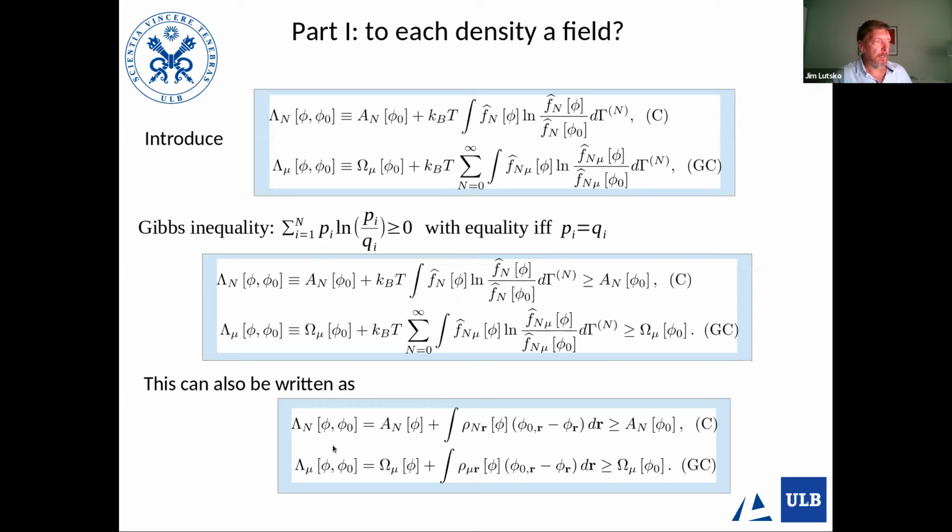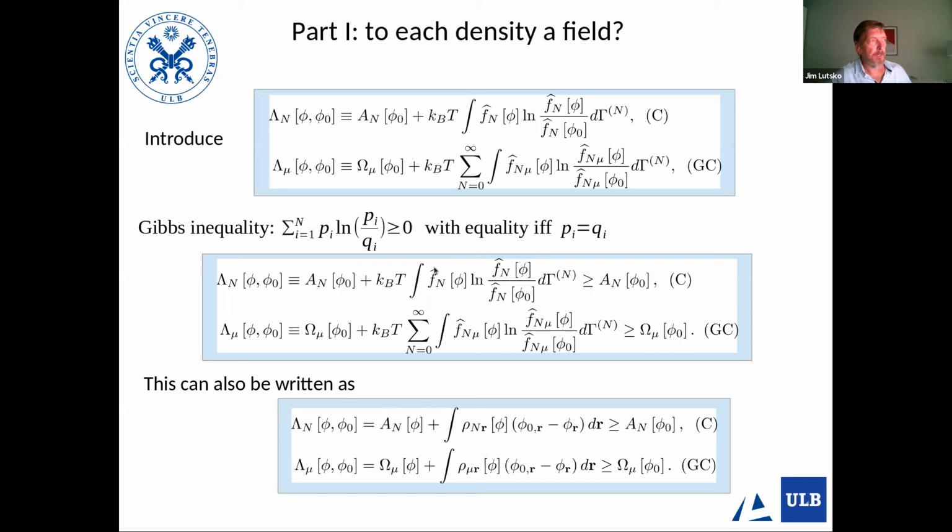Before getting into that, I just note that there's another way to write these functionals, and that is by putting in the actual definitions of these distribution functions and canceling some terms and doing some uninteresting integrals. We end up with an expression like this, where here the A of phi naught has been replaced by A of phi, and the same thing for omega.